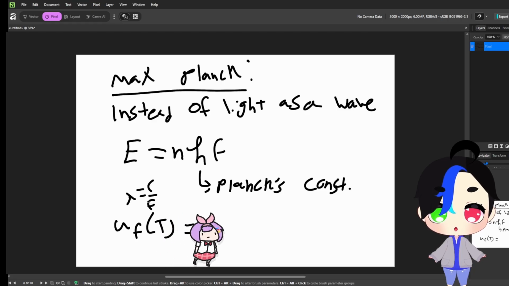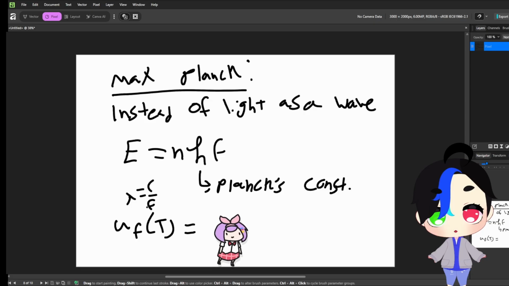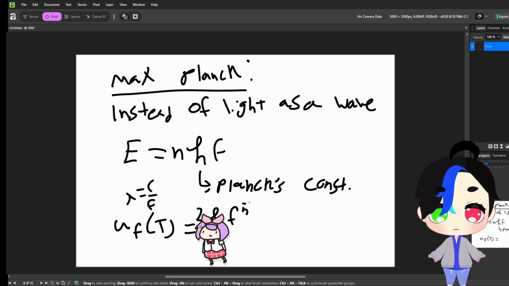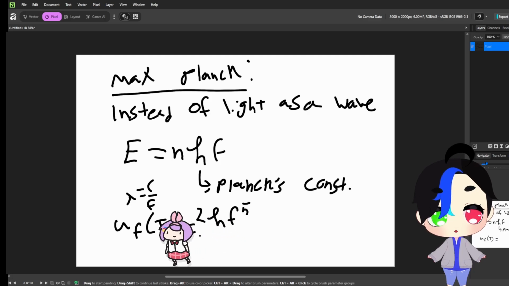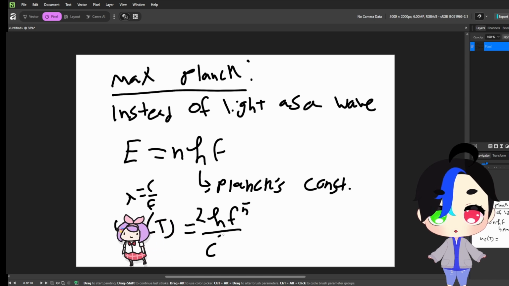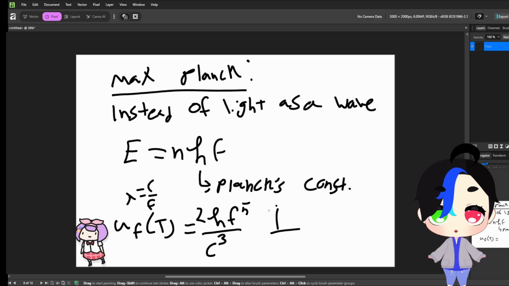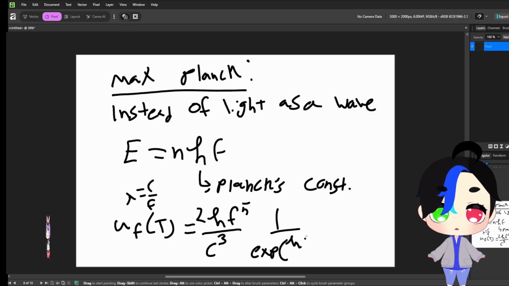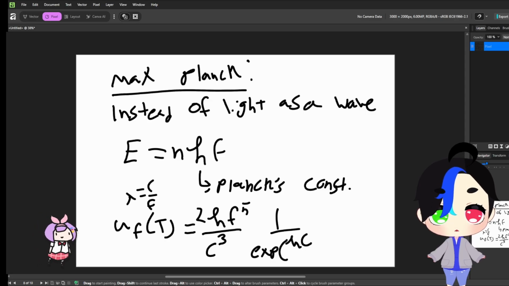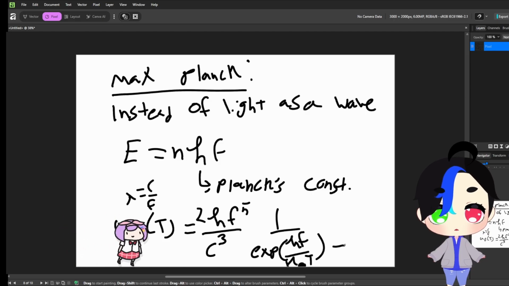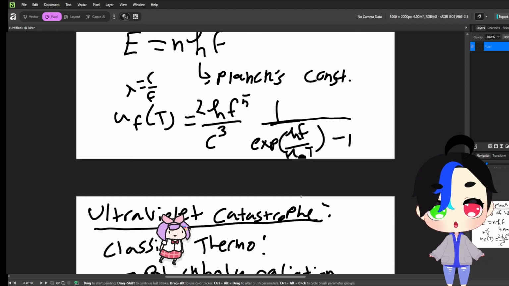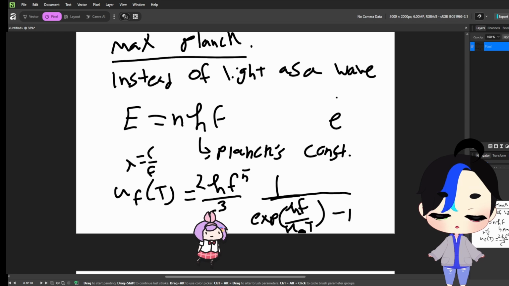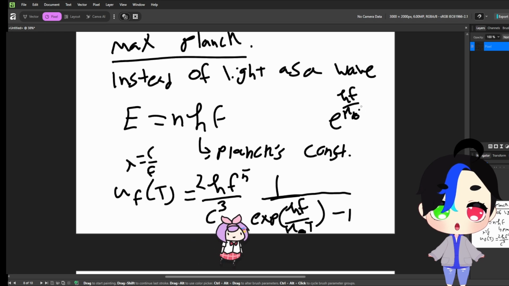Lambda equals c over f, so this becomes 2hf to the 5th over c cubed, times 1 over the exponential of hf over kBT, minus 1, where this exponential is e to the hf over kBT.